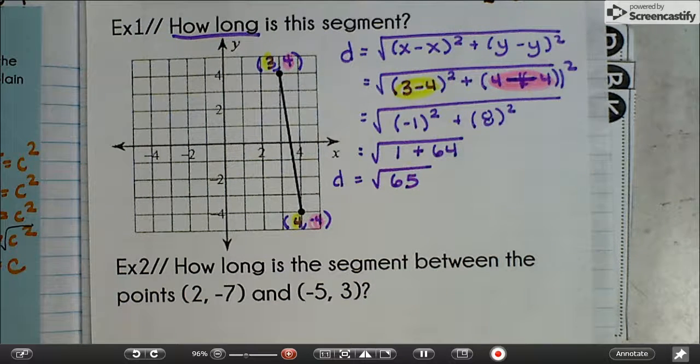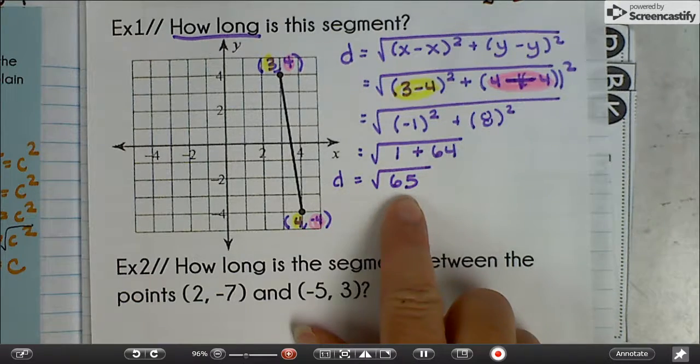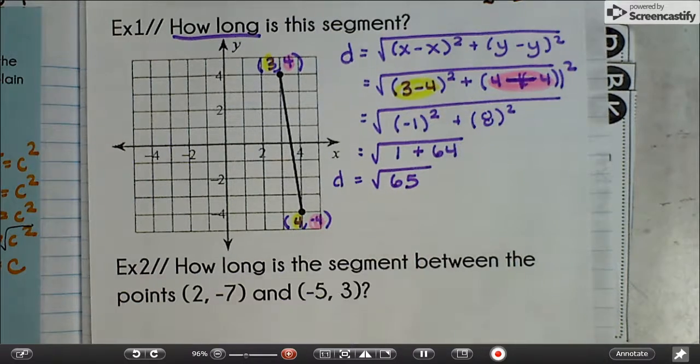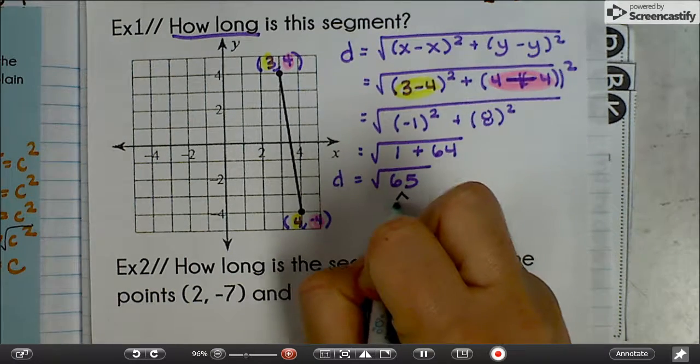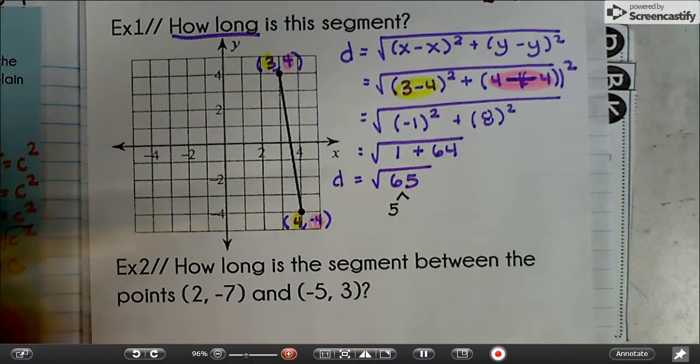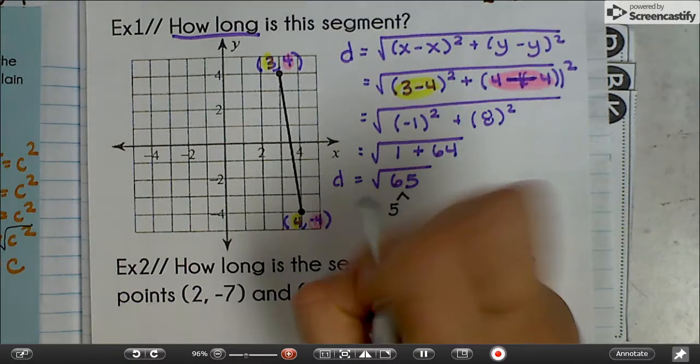Now, that doesn't really give you much to visualize, so you kind of want to see approximately where that value is. And there's a couple ways to do that. First, this is the exact answer. Ideally, we would want to simplify the radical. 65 is 5 and 13, I think. Yeah.